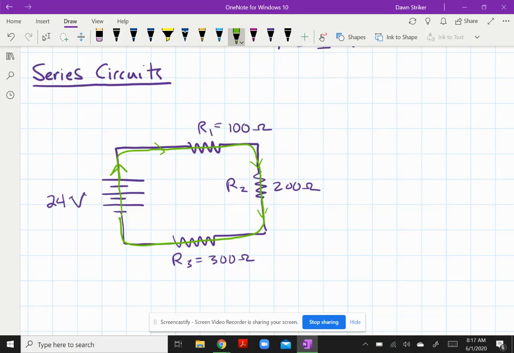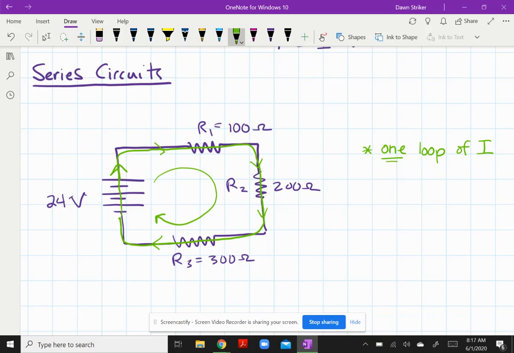Notice that there is only one loop for current. Current never has a chance to branch. There's not any place where current splits off. So in series, current has only one loop.